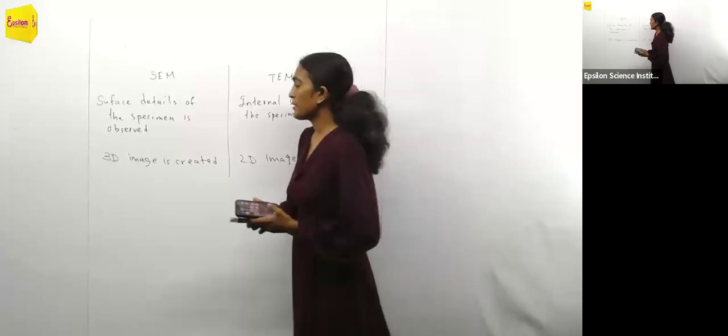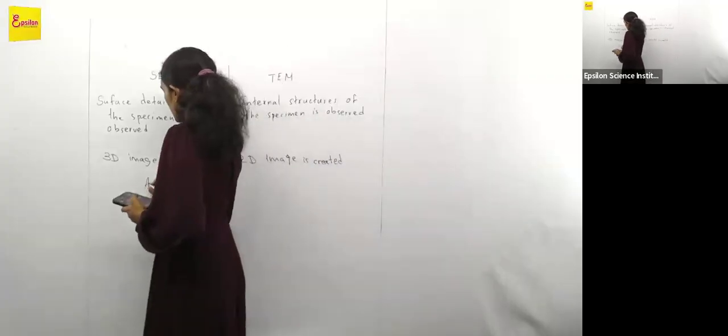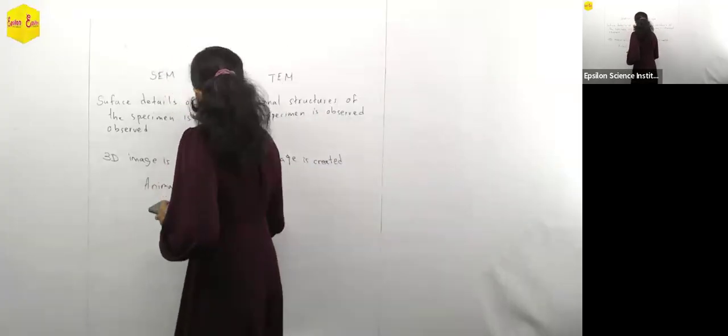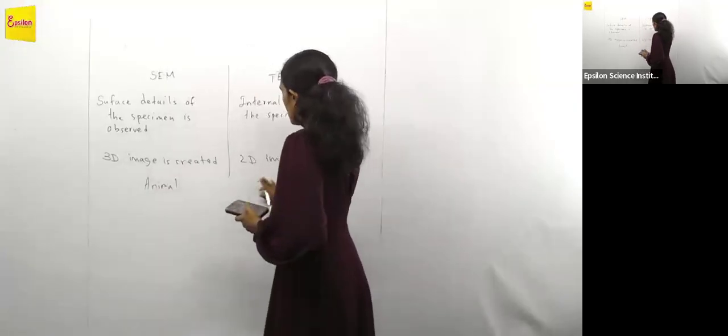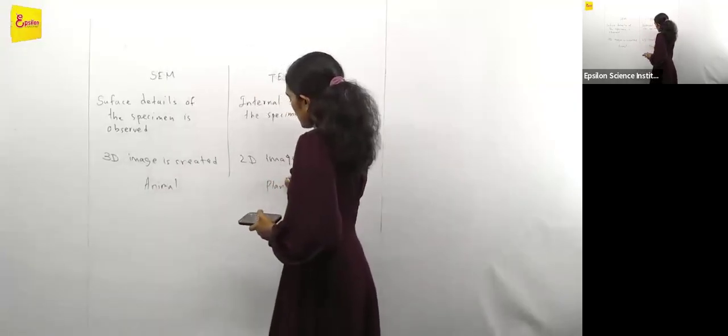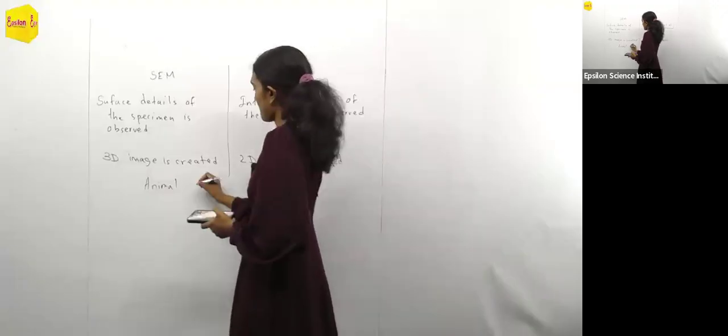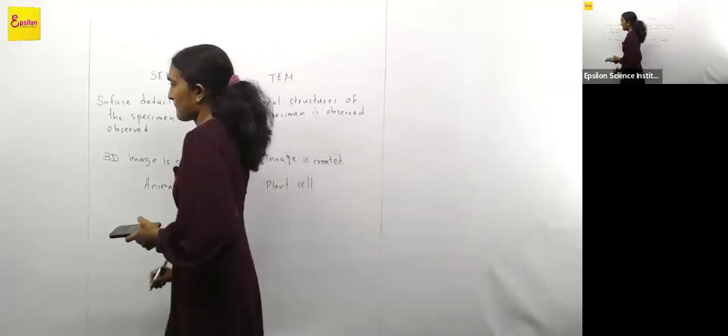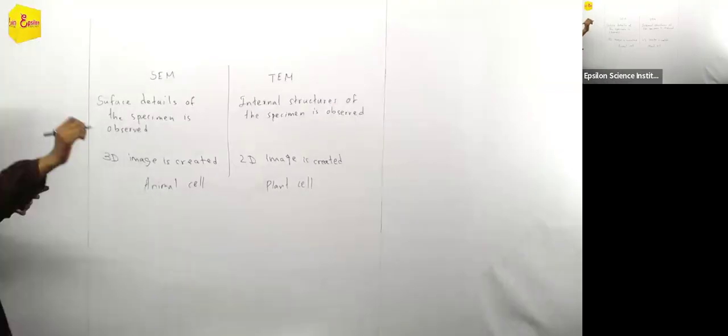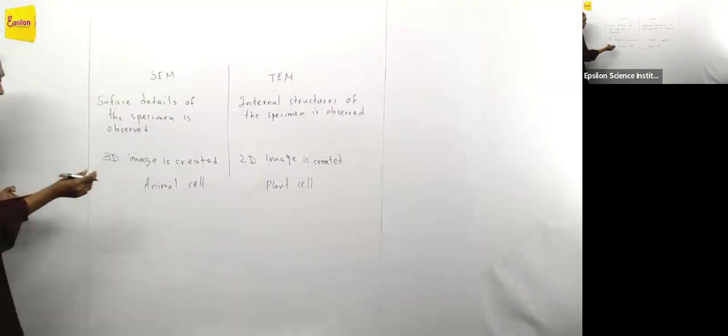Animal cell and plant cell differences. What do we write? Only the major differences we will write. What are the major differences?